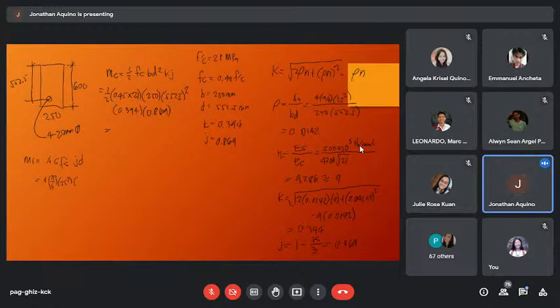For grade 40, or Fy of 276 megapascal, FS is equal to 140 megapascal. So 140 times J, where J is 0.869, and D of 552.5 millimeter. So this will give MS of, what is MS?